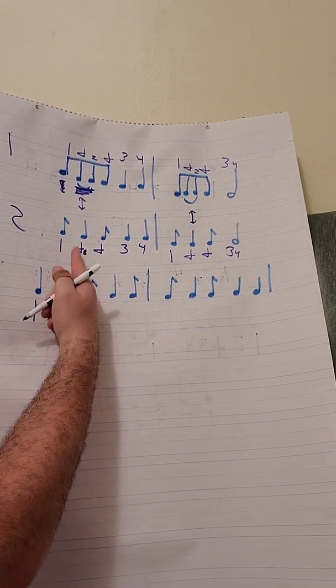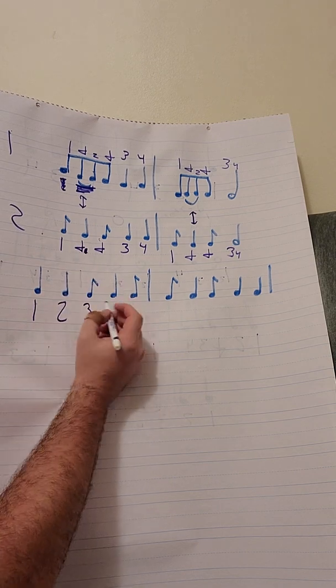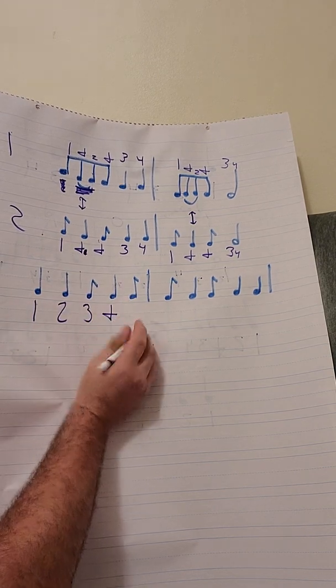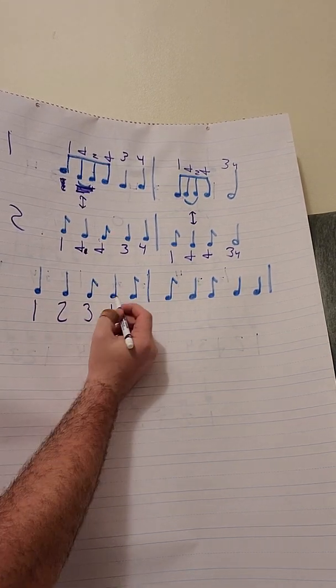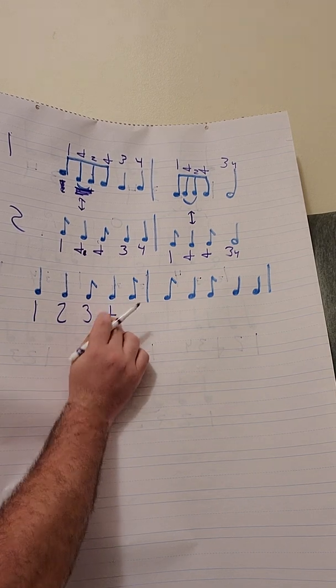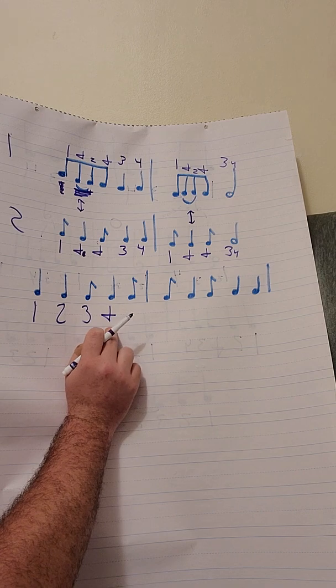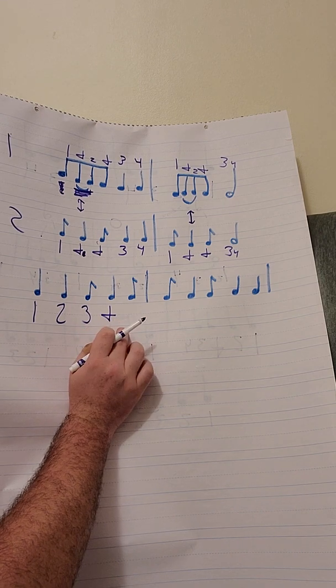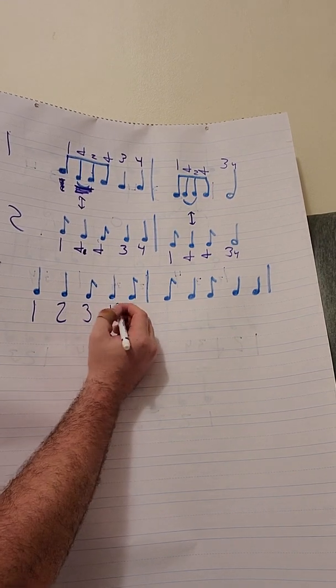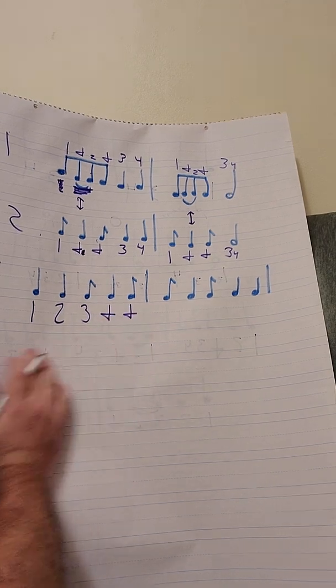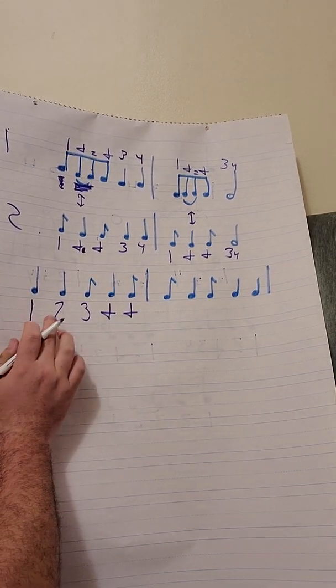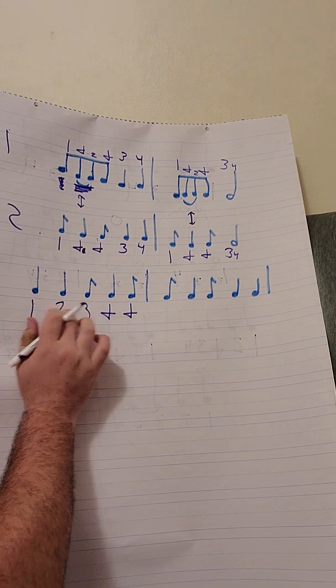So this next quarter note has to get the and of 3, and if a quarter note ever gets the and count, then it always gets the downbeat of the next beat. So a little 4 would be in there too, and then we should have been followed with the and. So we should have had 1, 2, 3, and.